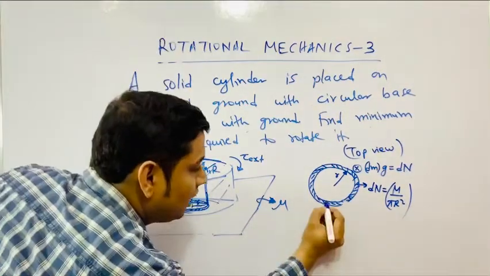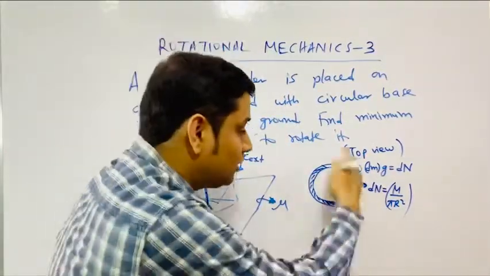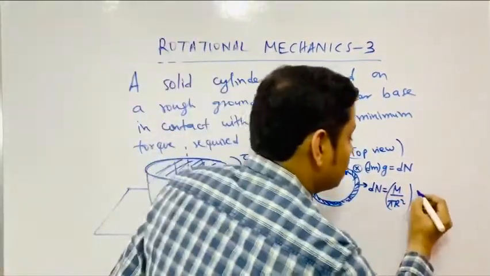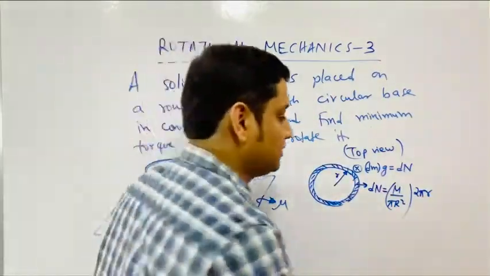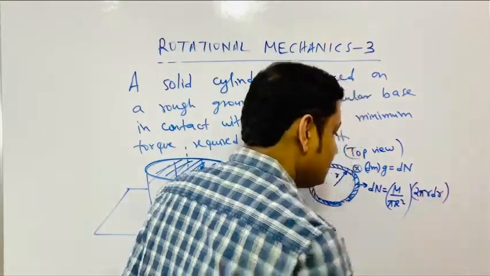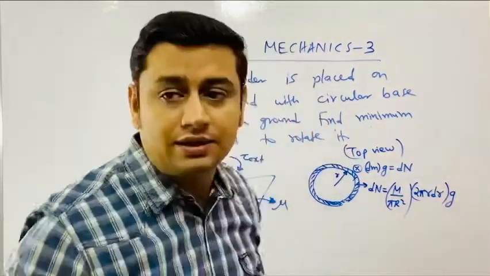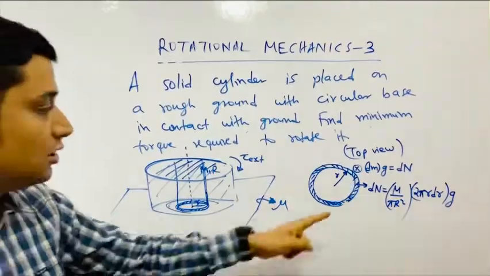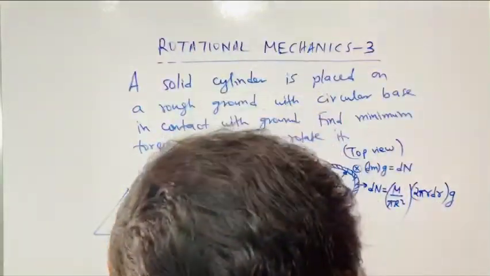What is the area of this part? The area of this part is length into thickness. The total length is 2 pi r, and the thickness is dr. This is the normal into g. This is the normal acting on this thin cell.